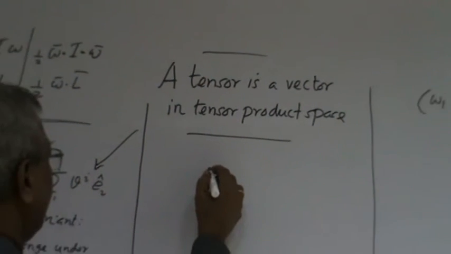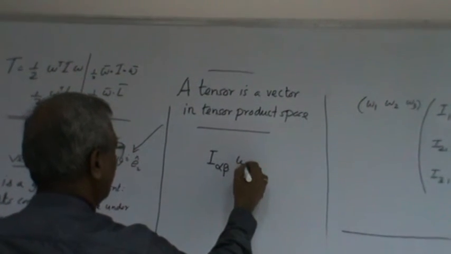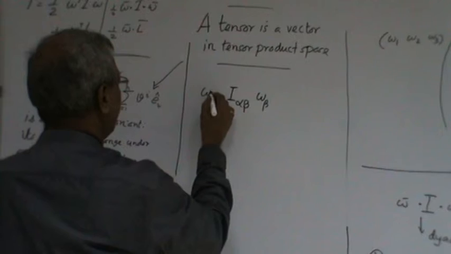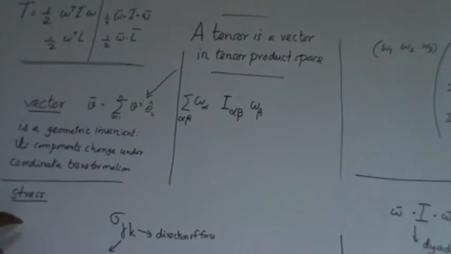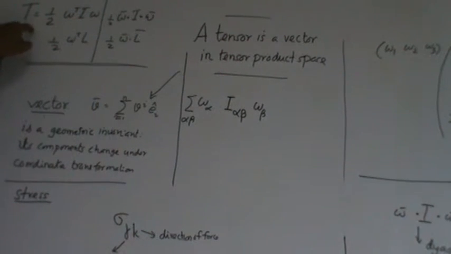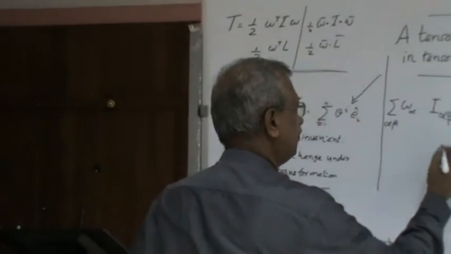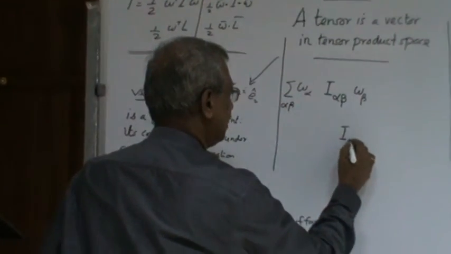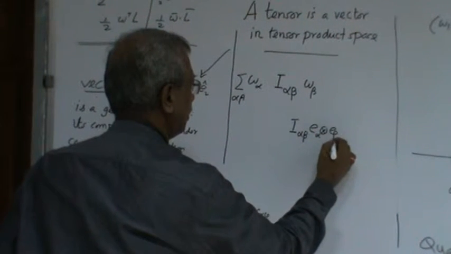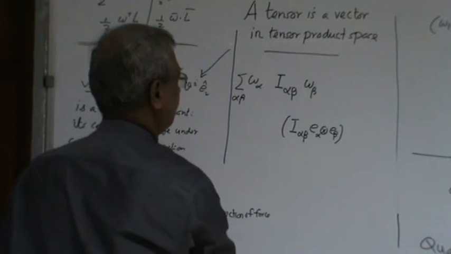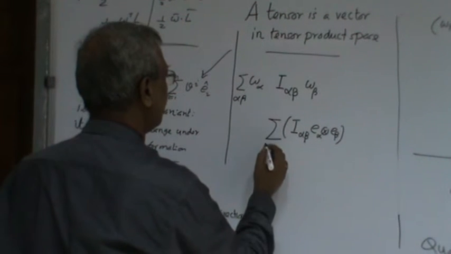See, we had this quantity I alpha beta, and then we say omega b, and then we had omega summed over alpha and beta. This is what was there in the context of kinetic energy of the rigid ball. I said this can be now viewed in the following way. I consider first this object, dotted with, let's say, this one.